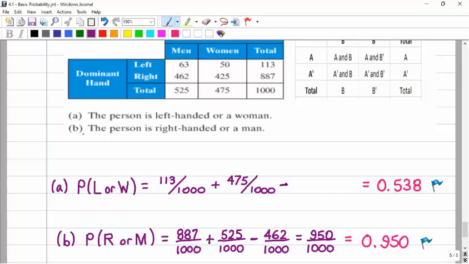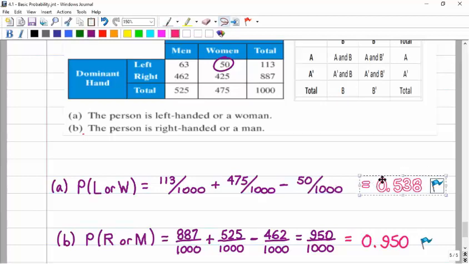Absolutely. Those 50 represent and. Remember I told you earlier, anything inside the box is and. So minus that 50. So long story short, then you end up with 538 divided by 1,000, which is 0.538.